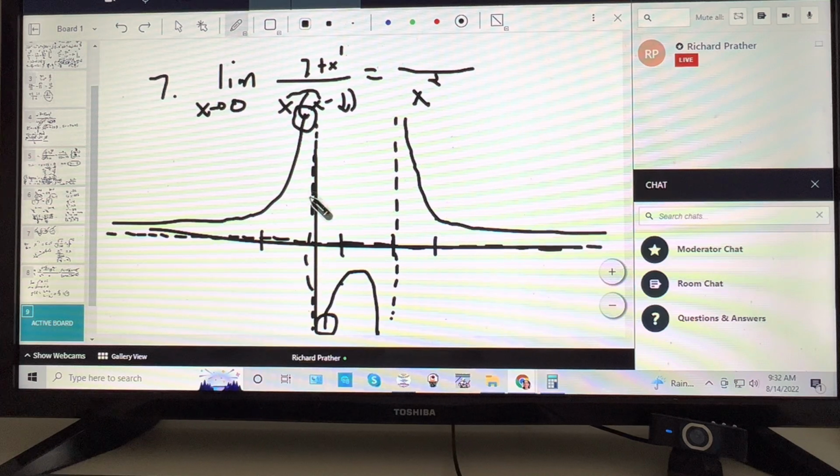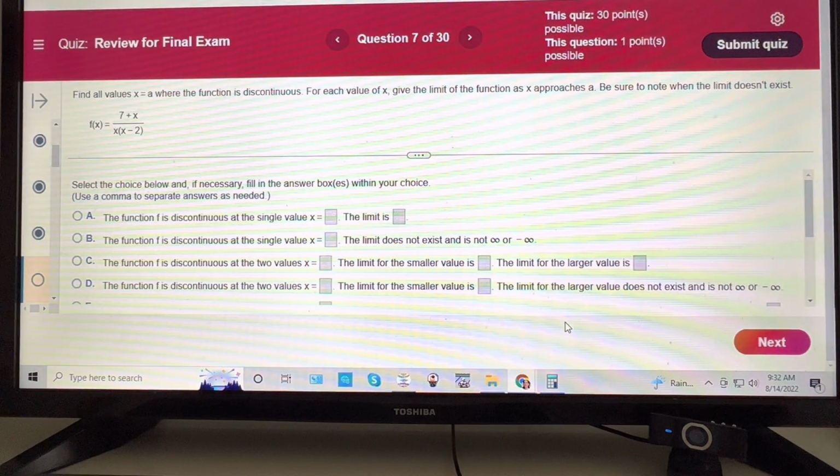But we don't even have an agreement on the infinities here, on this side or on that side. So the limits really do not exist. They do not exist, and they're not infinity or -infinity. If they were both infinity or both -infinity on either side, then you could say that just to be a little more specific about it.